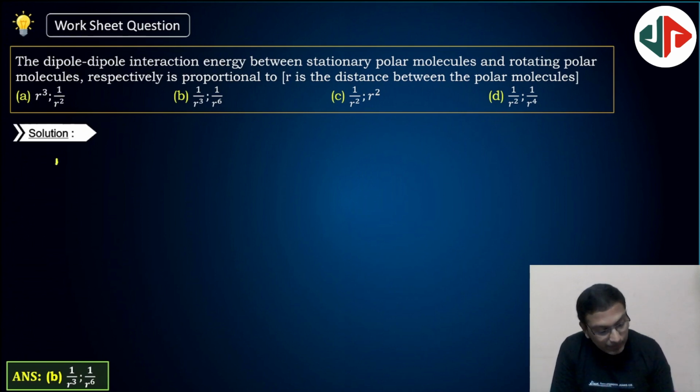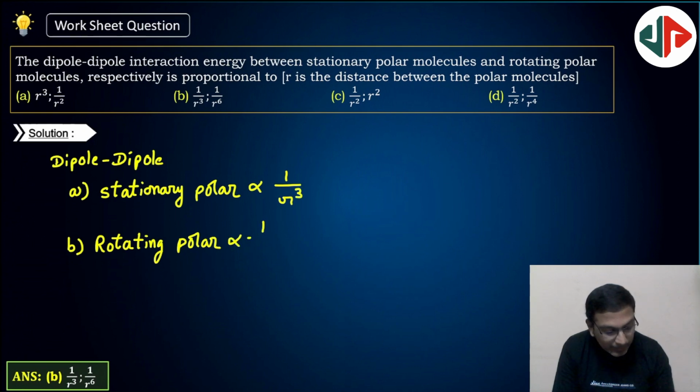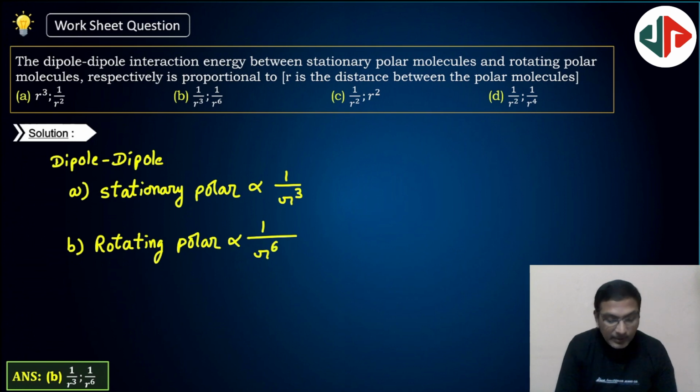So dipole-dipole interaction energy: first case, stationary polar molecules, and the second one, rotating polar molecules, proportional to 1 by r power 3 and 1 by r power 6, where r is the distance between two molecules. Direct question, option B.